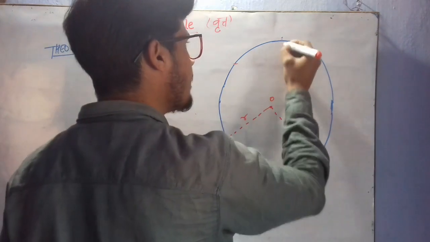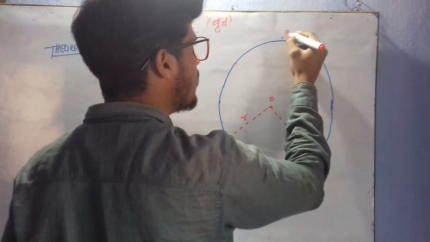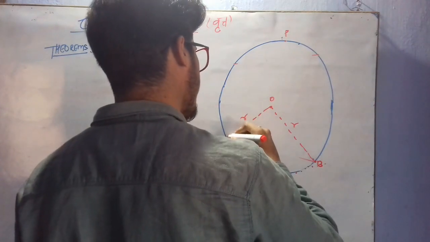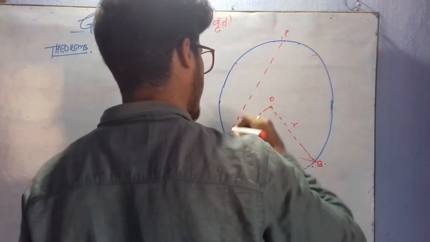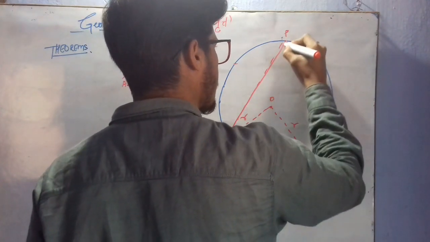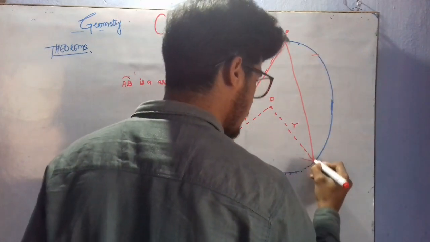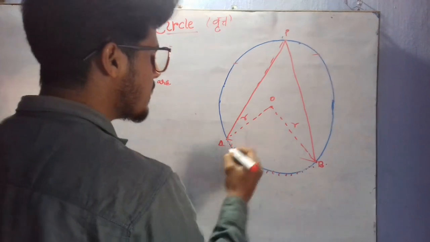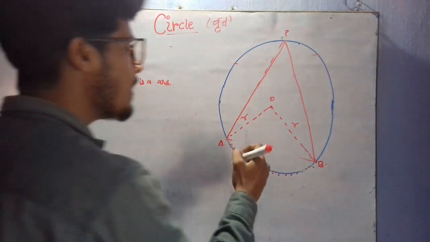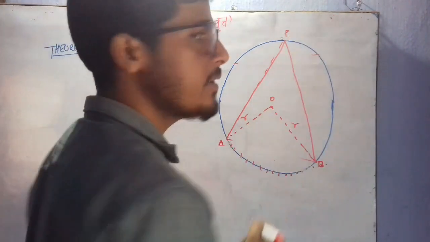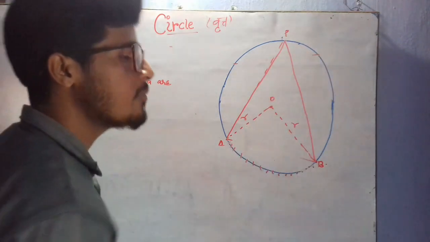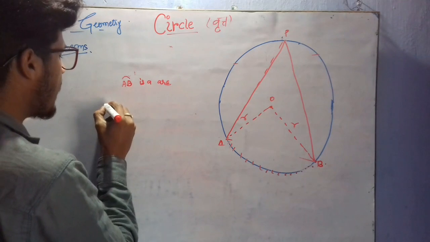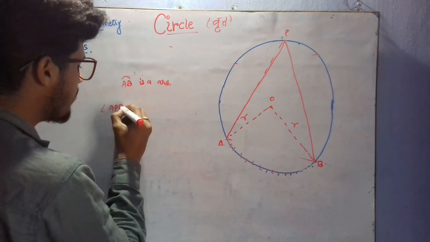Let's take another point P over here on the circumference and join these 2 points. So this AB is an arc, and if we join P, we will get an angle like angle APB.